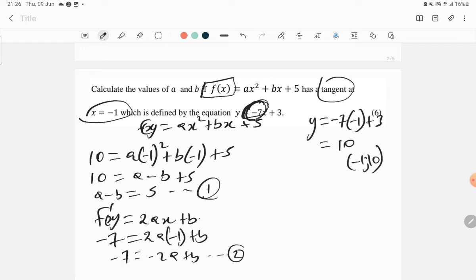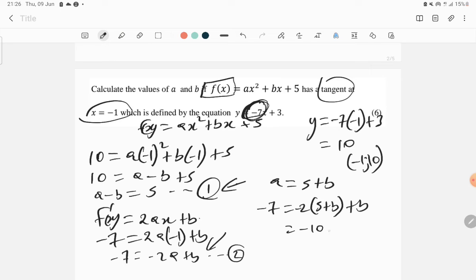We can now use our two equations to solve simultaneously. From equation 1, a is equal to 5 plus b. In the place of a in the second equation, we have -7 is equal to -2 times (5 plus b), then plus b. We have -10 minus 2b plus b is equal to -7.